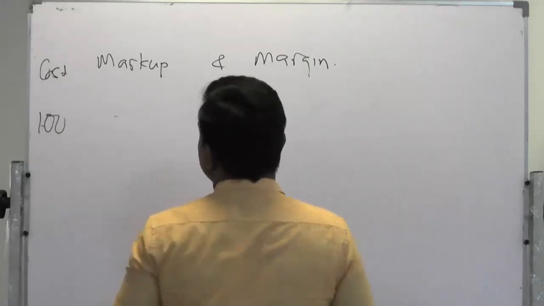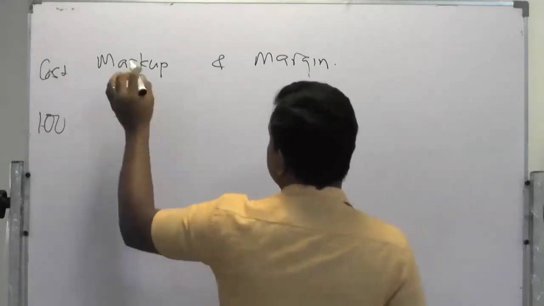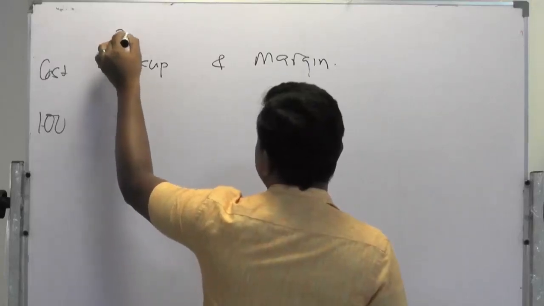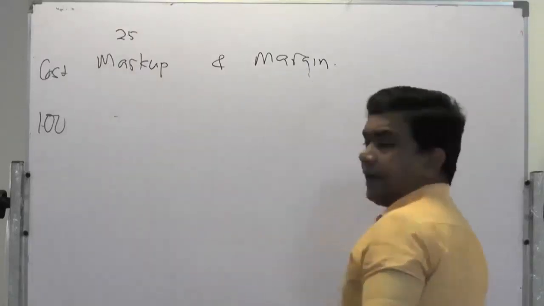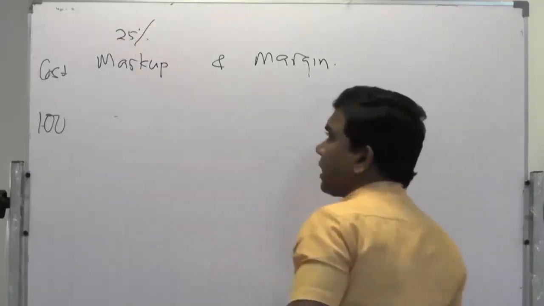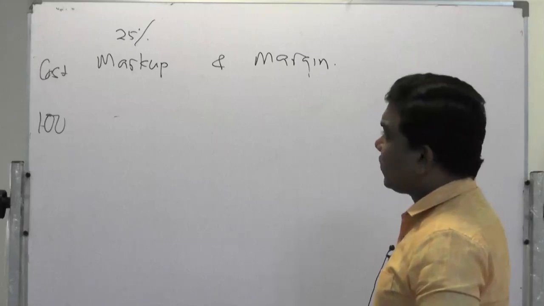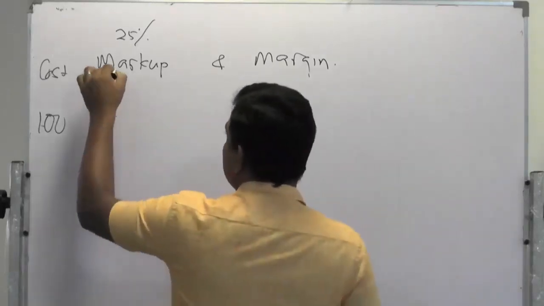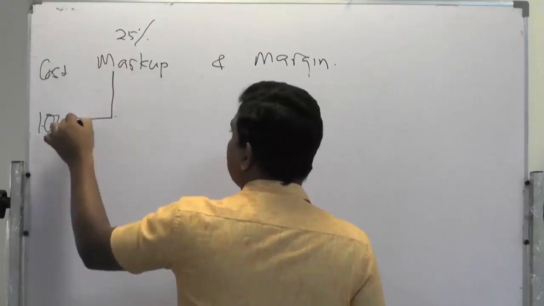Now what is markup? Assume an entity wants a markup of 25%, right? A markup of 25% means you will set your profit on cost.